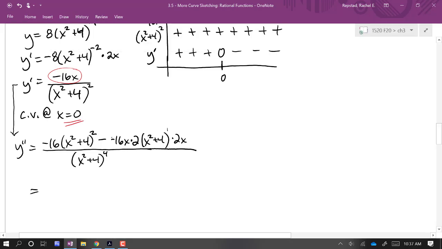For starters, right off, I'm just going to say that's a plus. We're subtracting a negative. And then I'm going to identify common factors. We could certainly take out a 16, and we can also take out an x squared plus 4.